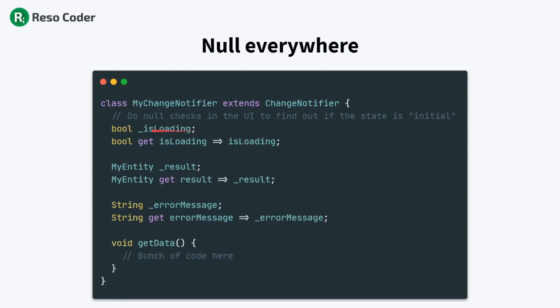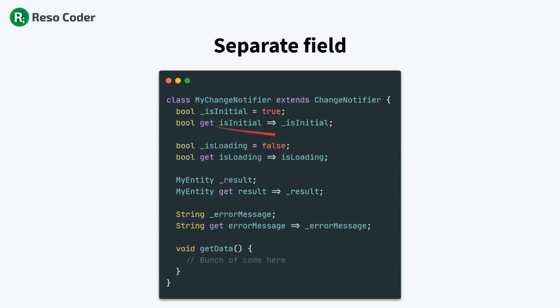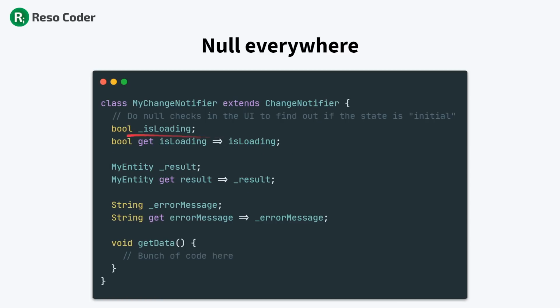And by the way, fields are null by default, so you don't really need to set them explicitly. And then you are going to perform a bunch of null checks in the UI to find out if the state is initial. So on one hand, you have to check one special field everywhere, which is called isInitial. And the other option is to have null checks everywhere. And none of these options is really good.